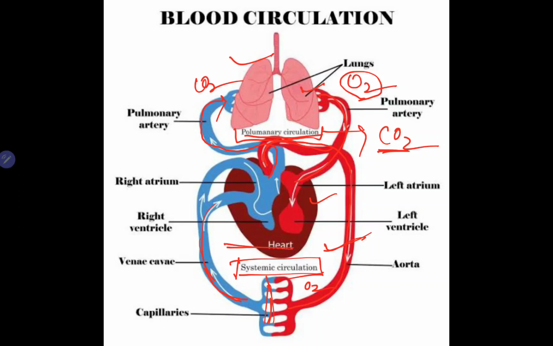Now your heart itself is a muscle, and therefore it also needs a constant supply of oxygenated blood. At this point another type of circulation comes into play, that is the coronary circulation.